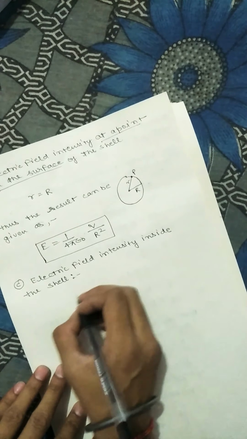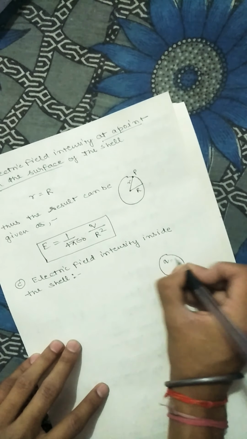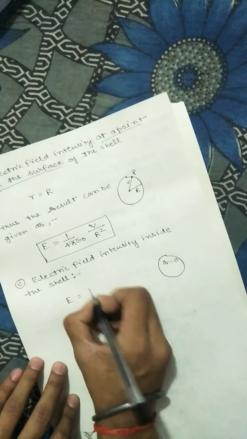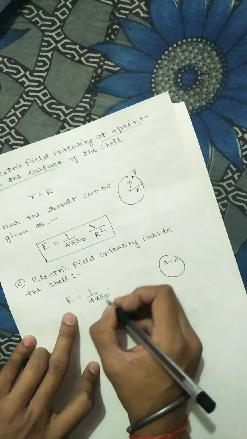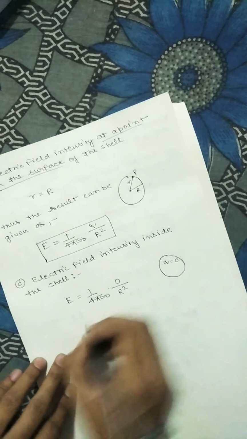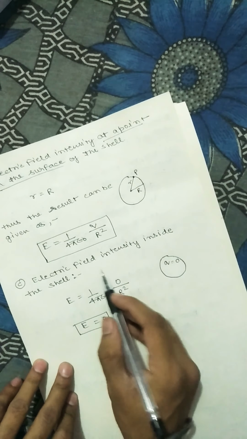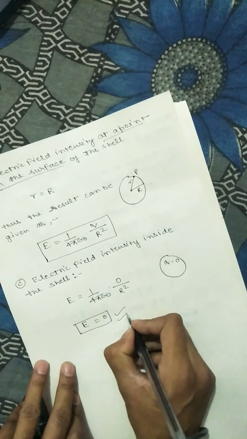As we know, inside there would be no charge, which means the value of q becomes 0. So E is equal to 1 upon 4 pi epsilon naught times 0 upon r square, which becomes 0. That means we can conclude that the electric field intensity inside the shell is always 0. Clear?